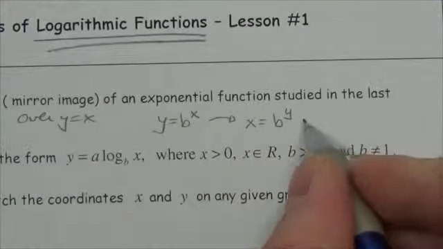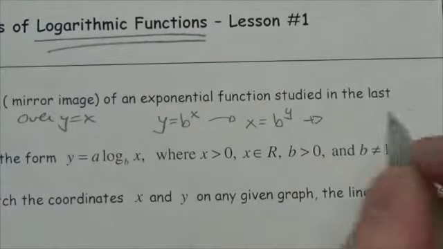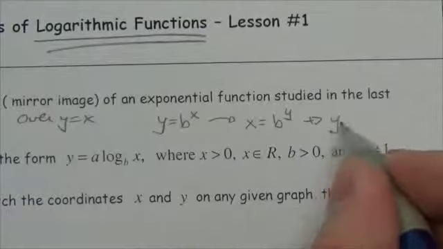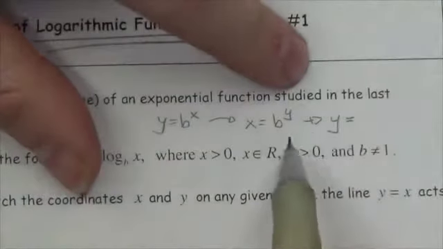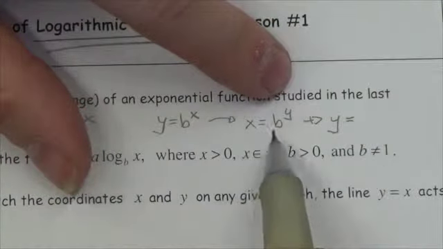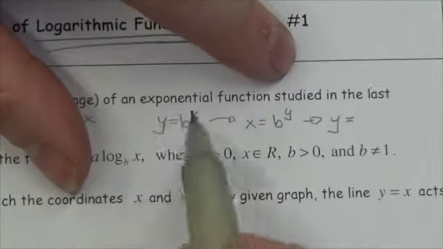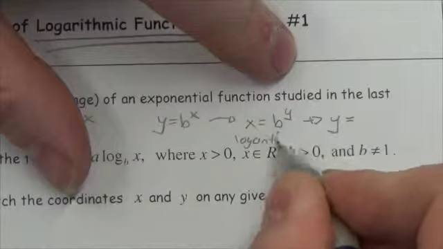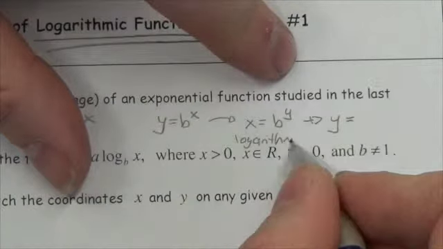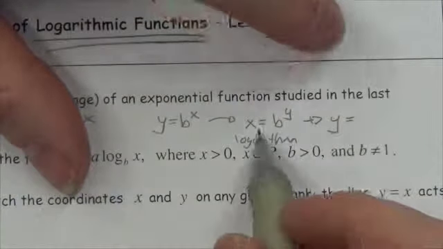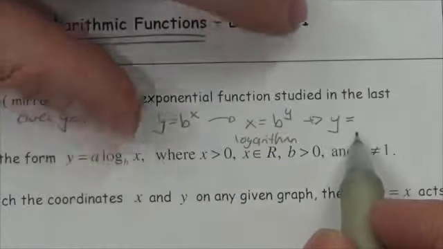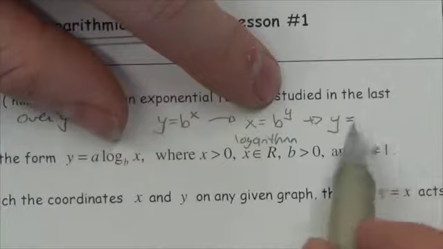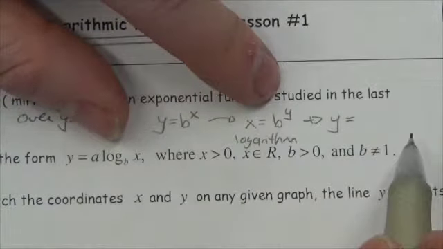So what we do here is, this is now equivalent to, we come up with exactly the same thing in an equivalent form, where y is equal to, so here we go. So x equals b to the y. This is the inverse of the exponential function. This is a logarithm. That's exactly what that is. It doesn't look like it yet, but that's what that is. Here's the equivalent form that we're going to get more comfortable with. y equals, so notice that what I'm about to build here belongs in the exponent here.